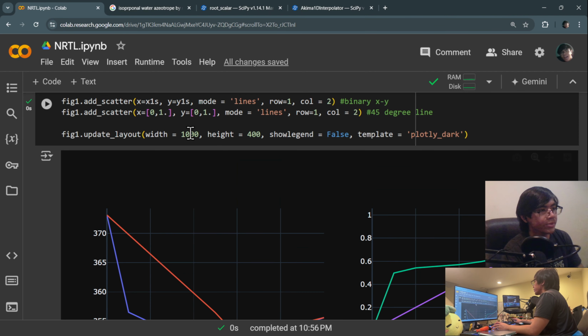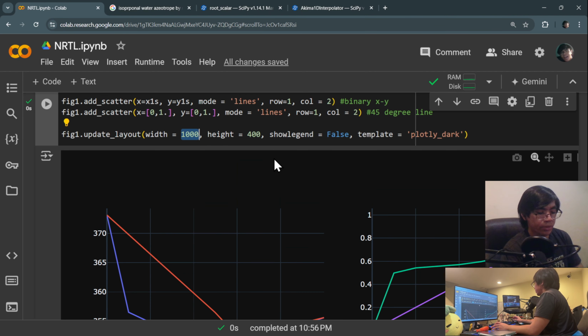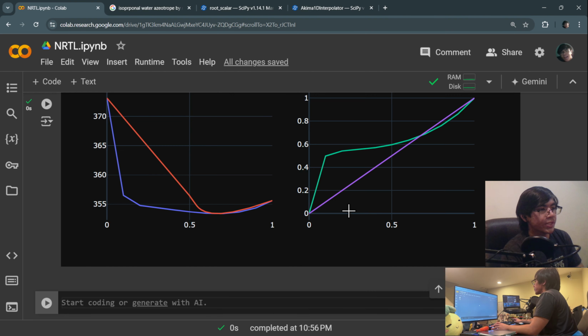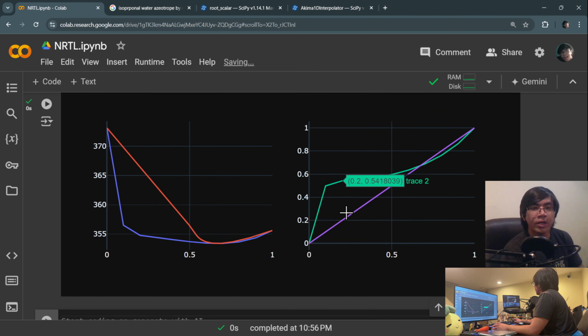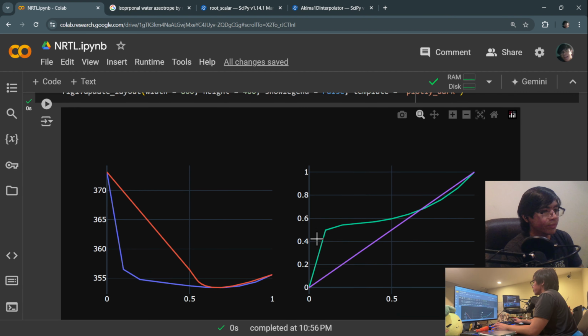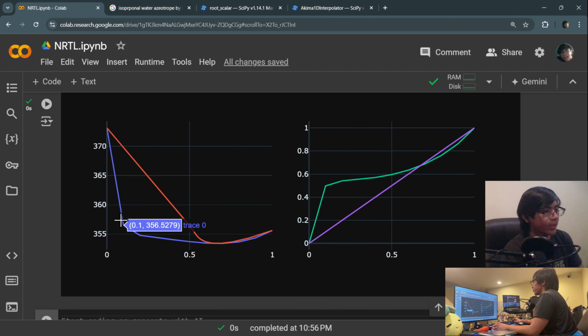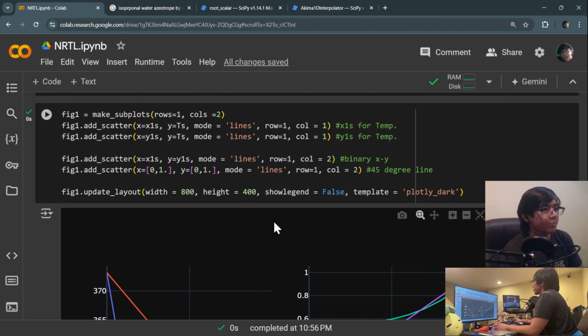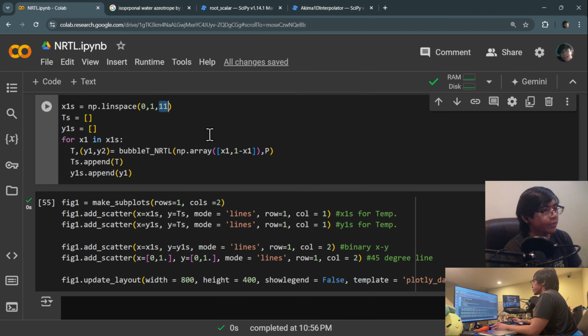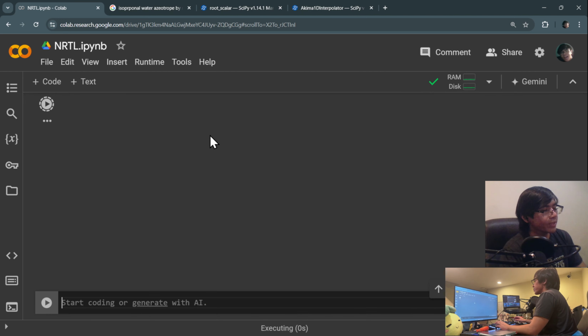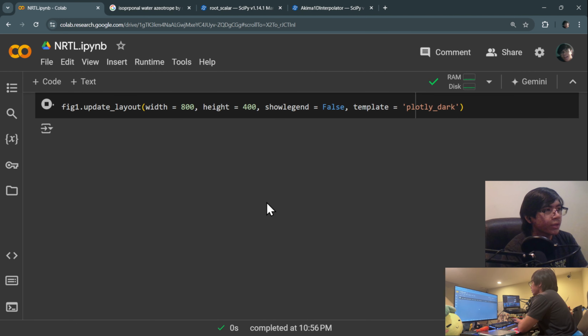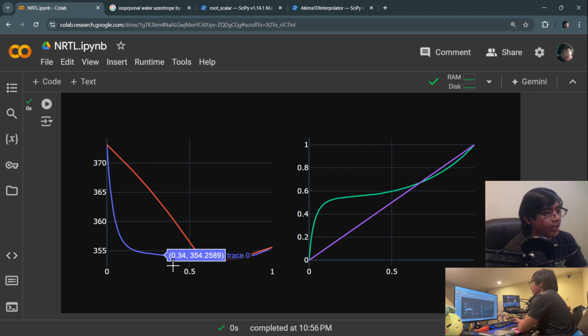Awesome. Let's make this a little like that. Too scrunched? Oh, that's perfect. Yeah, we can add more points, honestly. I don't like this. It's just pointed and angular, so we can jack this up a little bit. Awesome, we got actual curves.